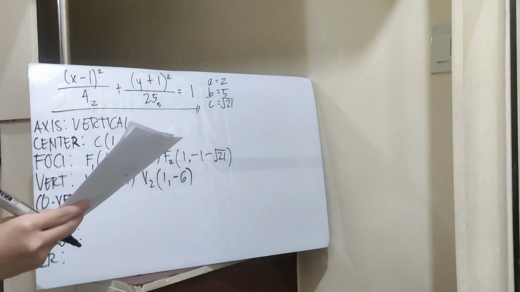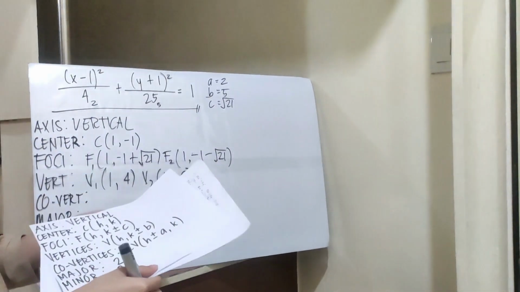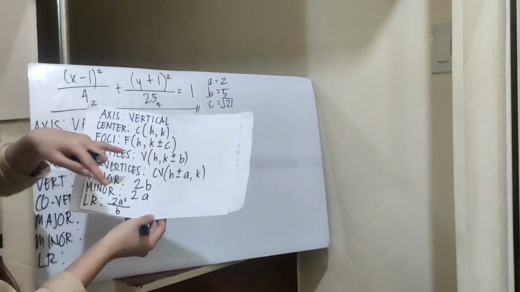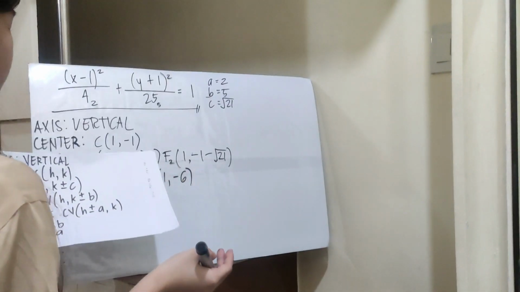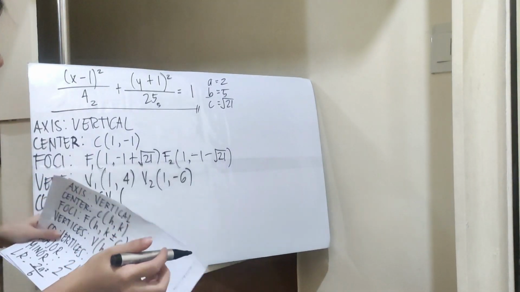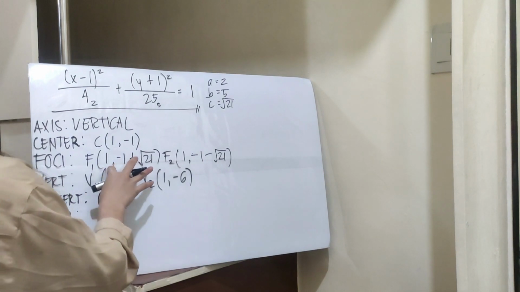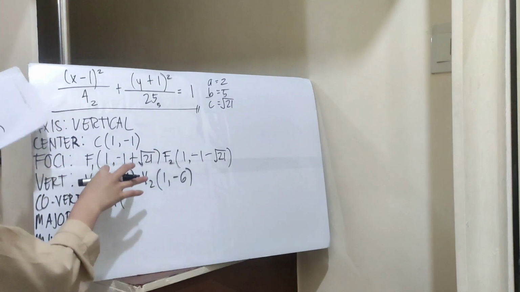Next, we will find its co-vertices, for which we can also use the formula we had earlier, in that co-vertices is h plus minus a comma k. So this time, we will change the value of h.